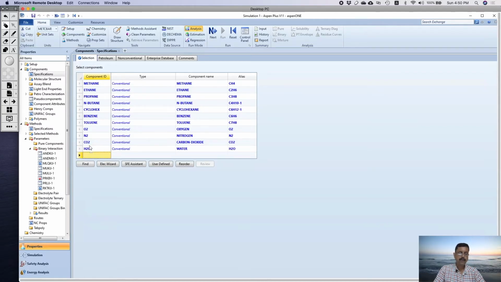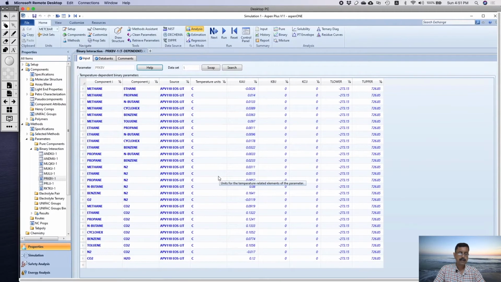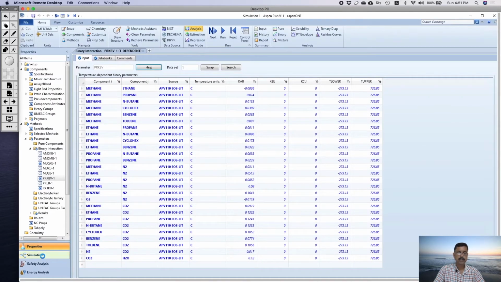So all four things which were not there, we have brought in. So again we have to run next so that the binary interactions can be calculated along with the new components. That we have done. We can safely go back to simulation now.